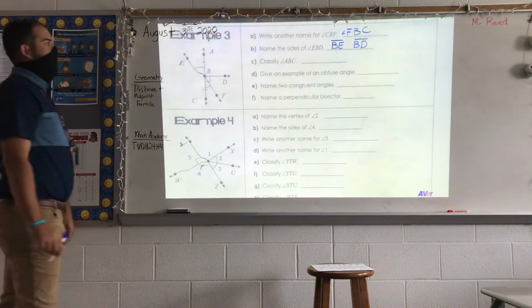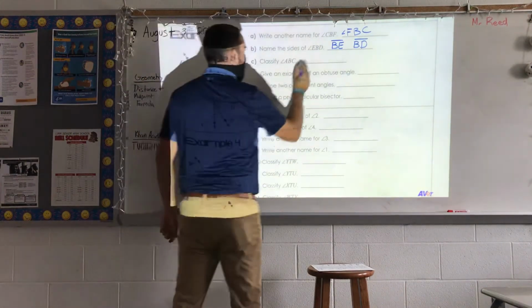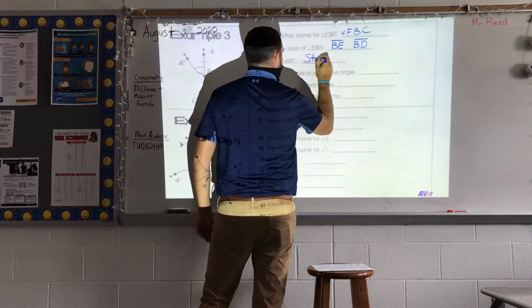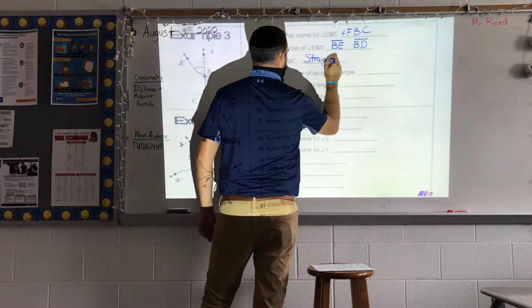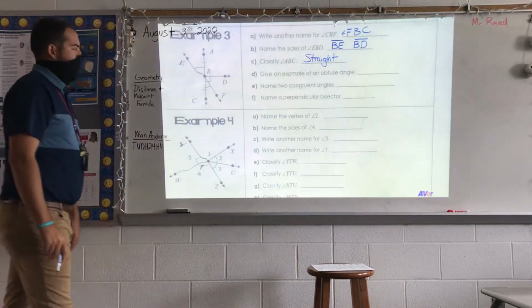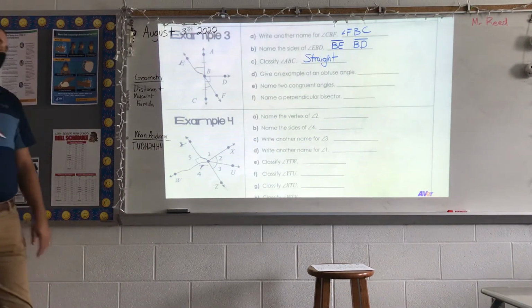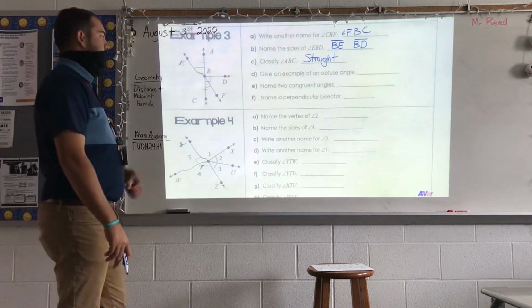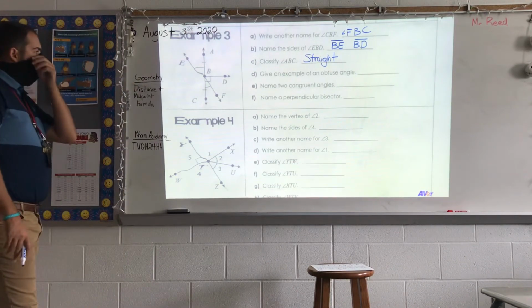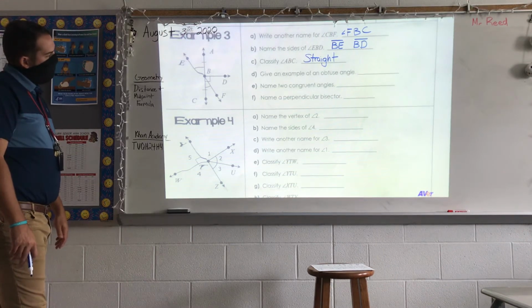Okay, classify ABC. Straight. Good, because it's straight up and down. Okay, I know your lines are squiggly, but what would be an example of an obtuse angle? ABF would be obtuse.